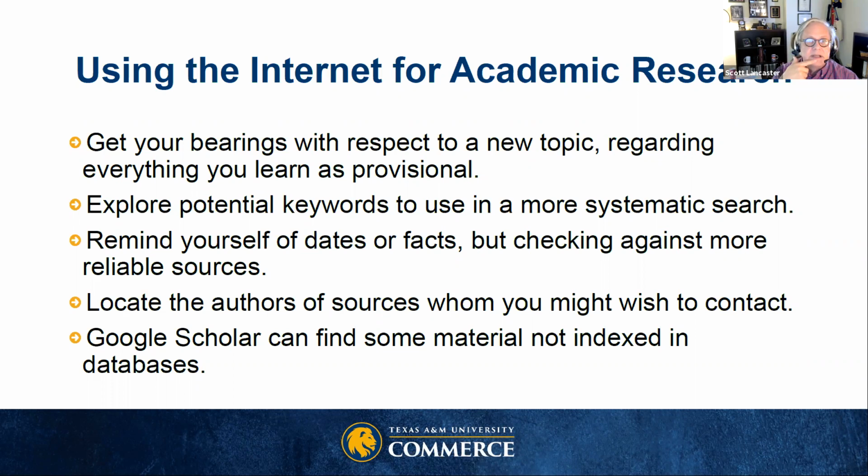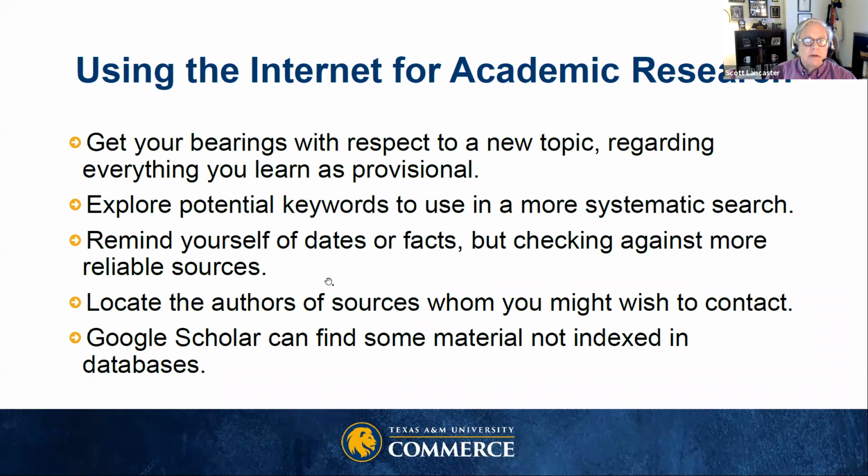It can also be used to help explore potential keywords. When I was searching global warming and cattle farming, I went to Wikipedia and looked up global warming just to make sure there weren't any terms like climate change or whatever that I wasn't thinking of, because I wanted to know as much as I could about different ways of terming that idea.